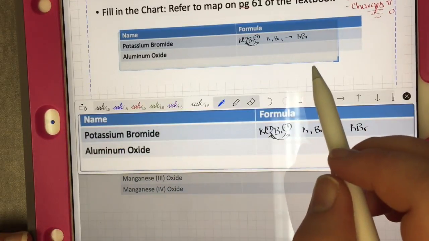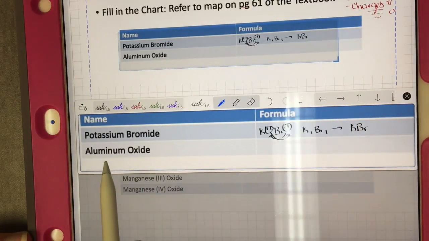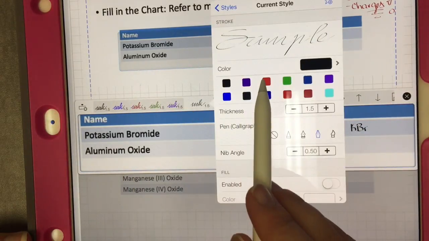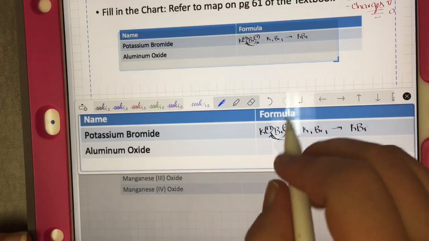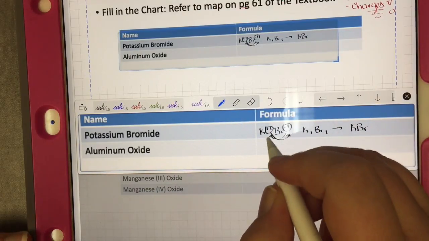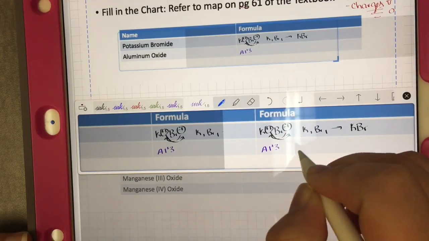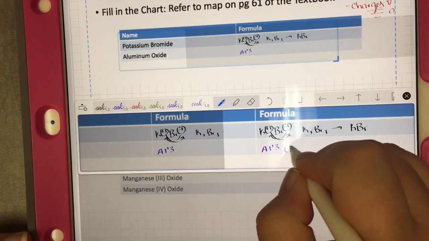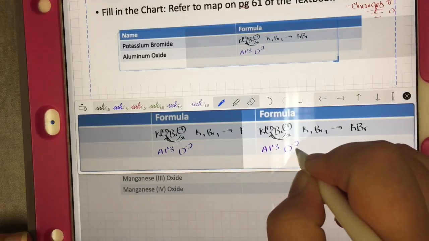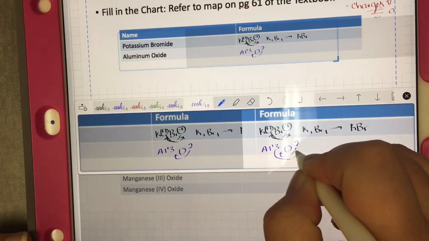For our next example, we're going to have aluminum oxide. Aluminum is number 13, and that charge is +3. Oxide is oxygen, that charge is -2. We're going to cross our charges.